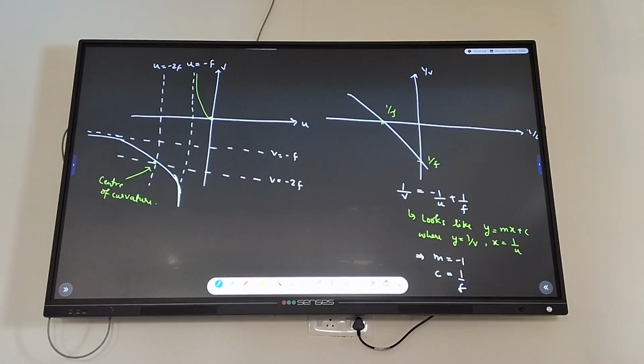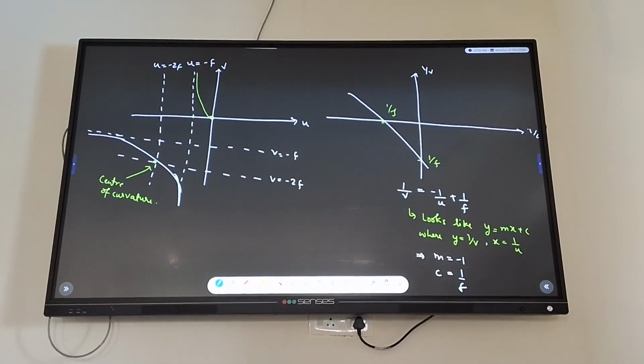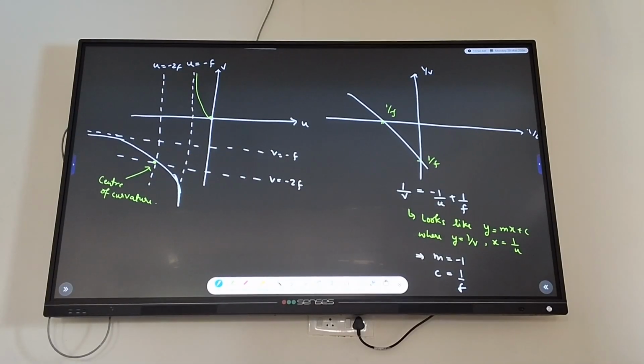Make the same graphs for convex mirror as a homework and show me on Monday. Today is Monday, sir. So today is Monday, then Tuesday. Next week, actually. Towards infinity, when is the image formed at focus? Then what should be the coordinates?